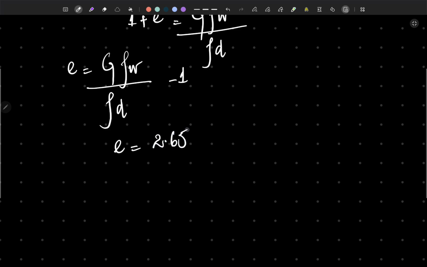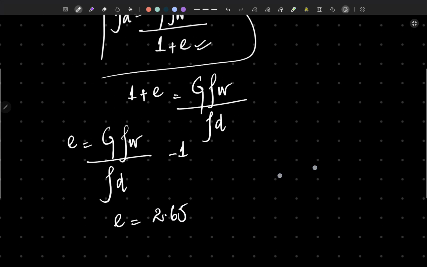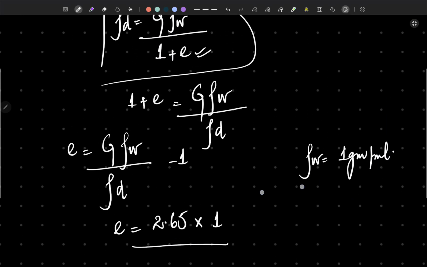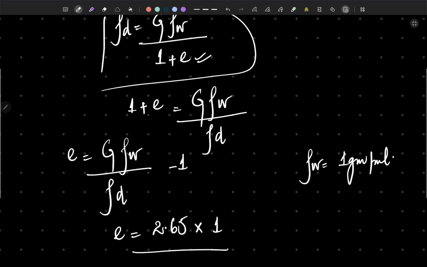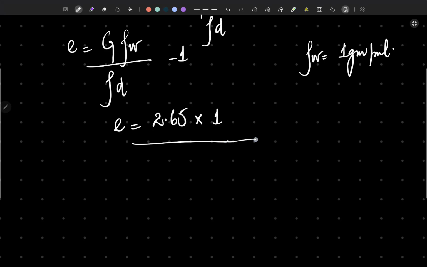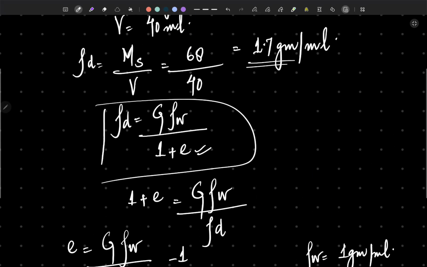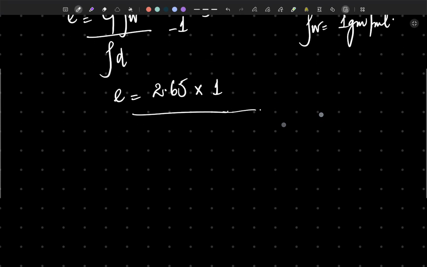Density of water is 1 gram per milliliter, or 1000 kgs per cubic meter. Since other terms here are in gram per milliliter, we'll use that accordingly. Dry density, how much? We just found 1.7 grams per milliliter. So it's 1.7 over here.